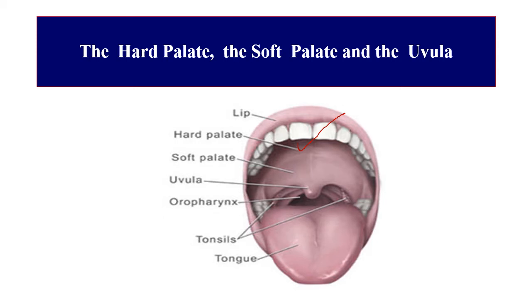It is hard and bony, and this bony concave surface is called the hard palate. And how does it help in the production of speech sounds? For example, when we say yes, the initial sound in the word yes is produced with the help of the hard palate.